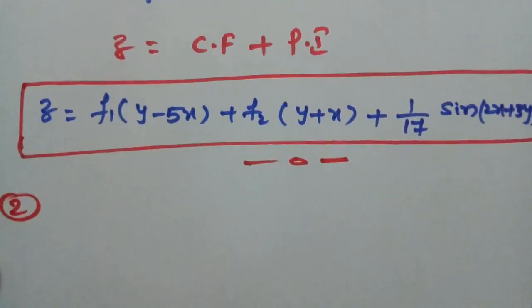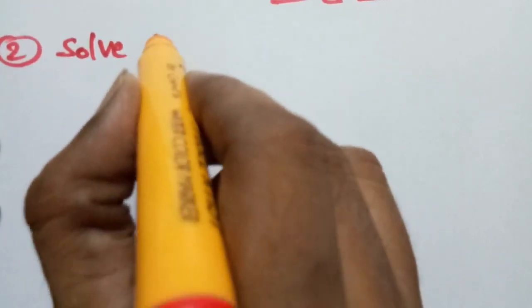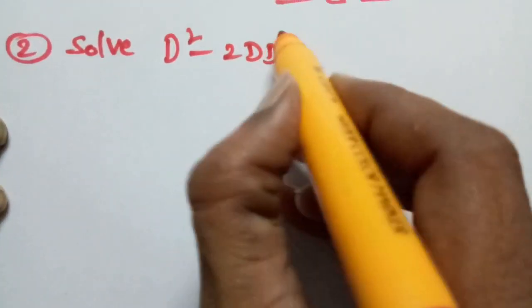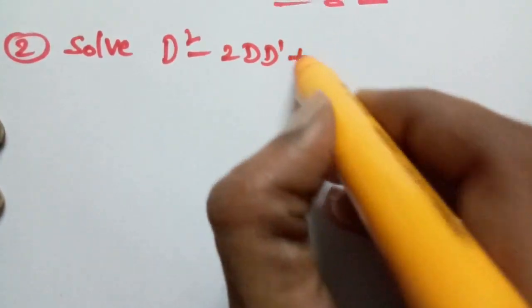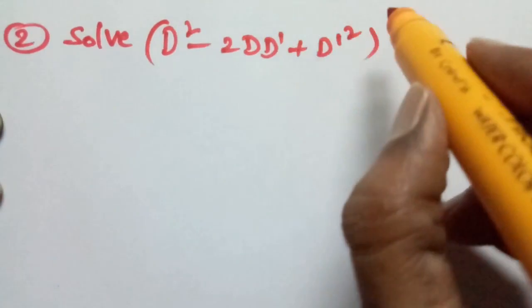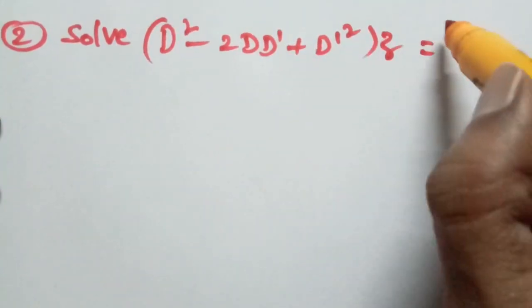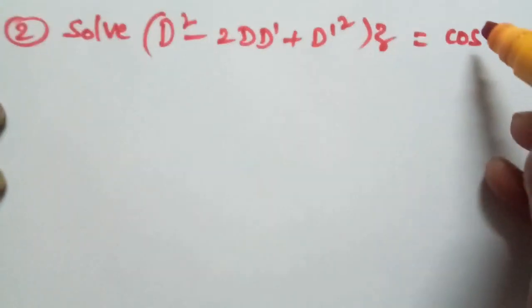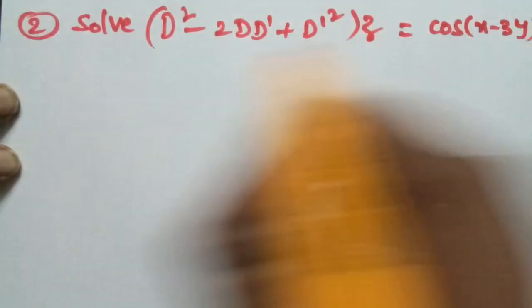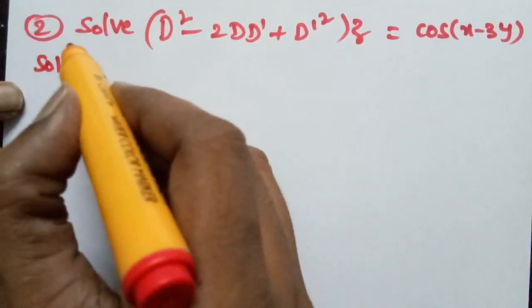Therefore, problem number 2. Solve D square minus 2 D D dash plus D dash square into z is equal to cos of x minus 3y. First write down the given equation.